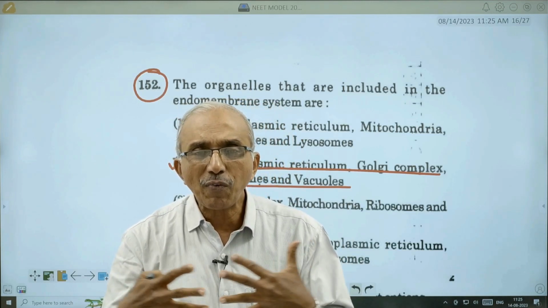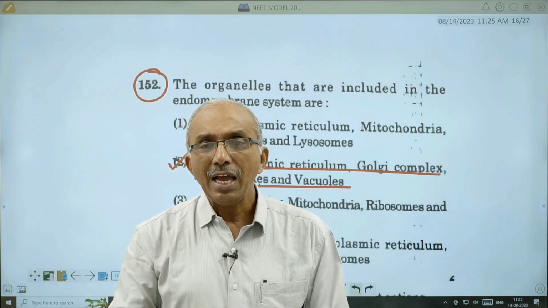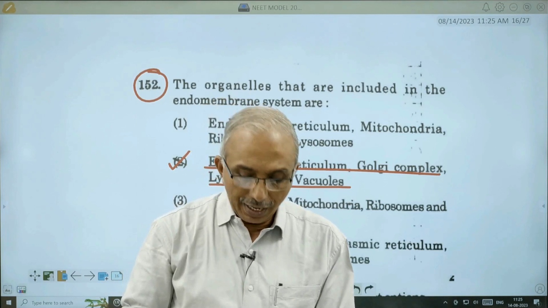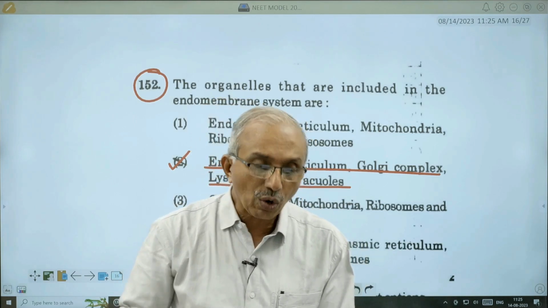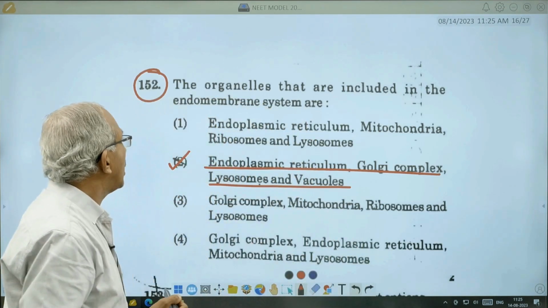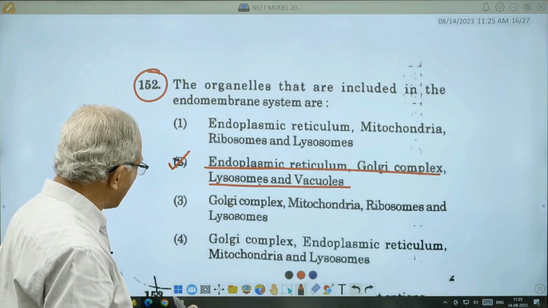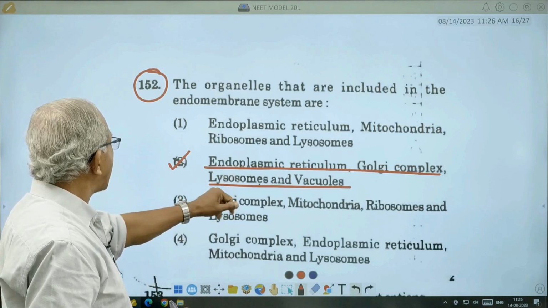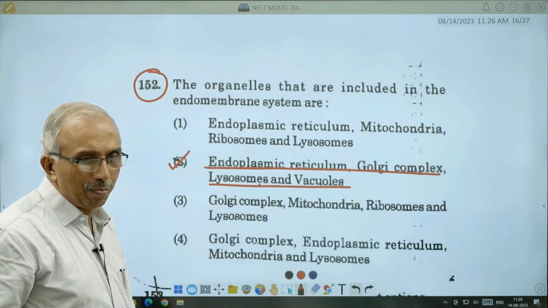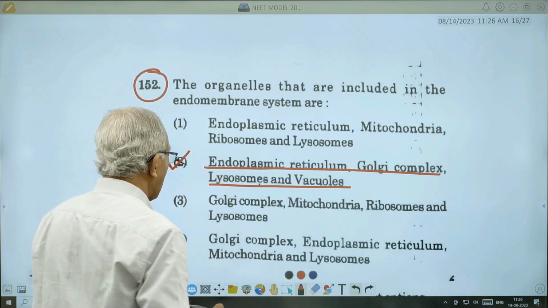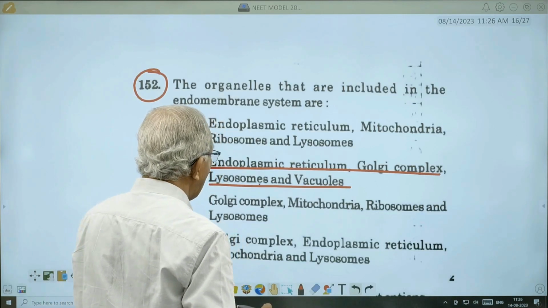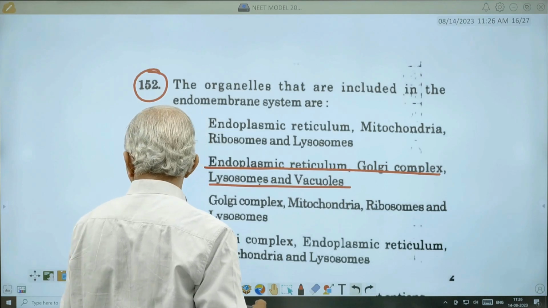That means their functions are closely related or interconnected. Such organelles are collectively called the endomembrane system.